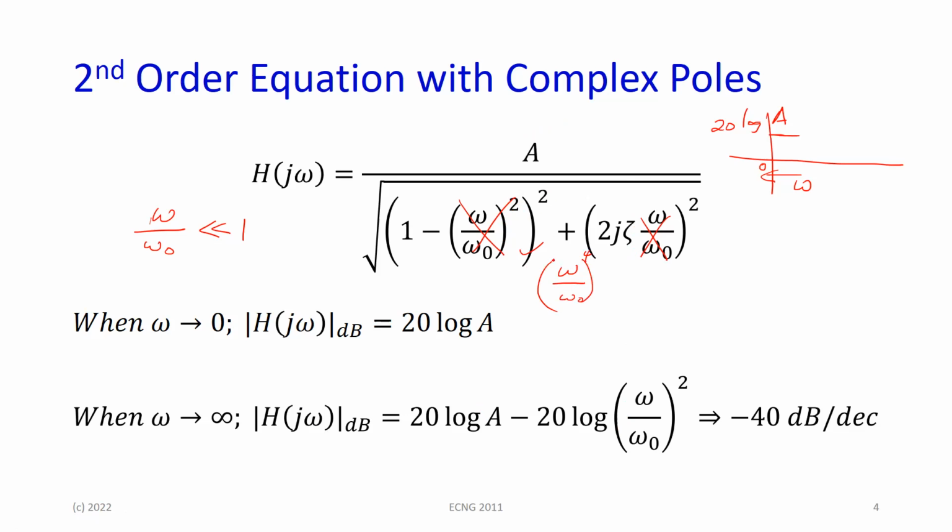Because of the squared here, there's going to be an omega over omega naught to the power 4. So as omega gets large, this factor here will become quickly larger than this factor. So the dominant relationship in this, as omega gets very large, is going to be the 20 log A on the top, which is independent of omega, and the minus 20 log omega over omega naught squared below.